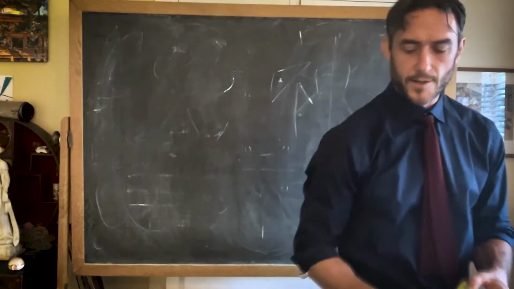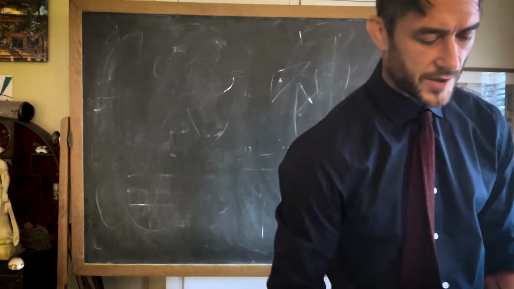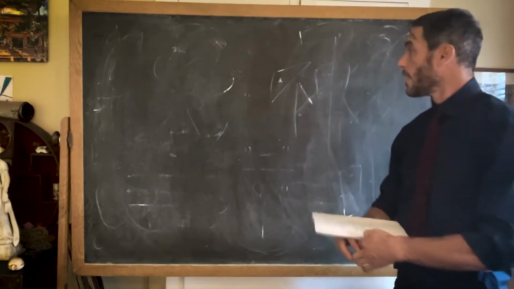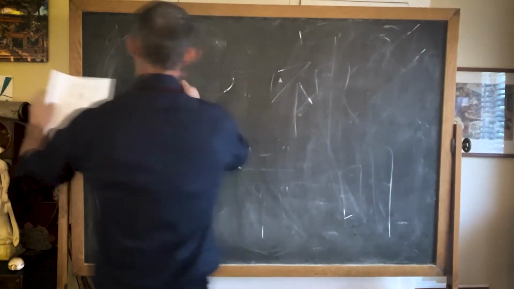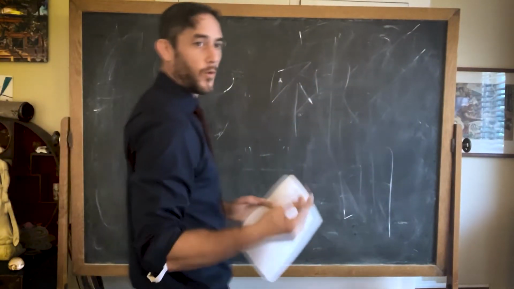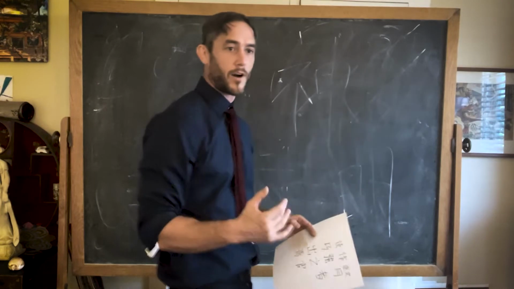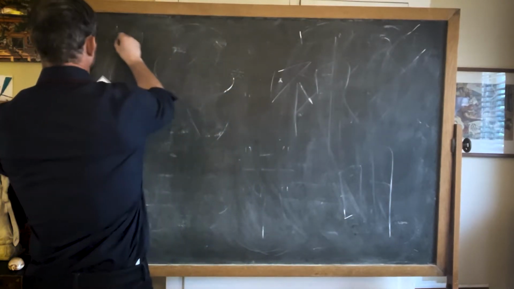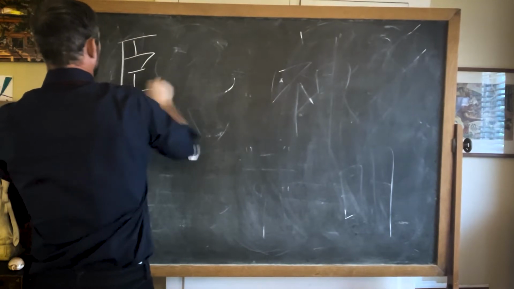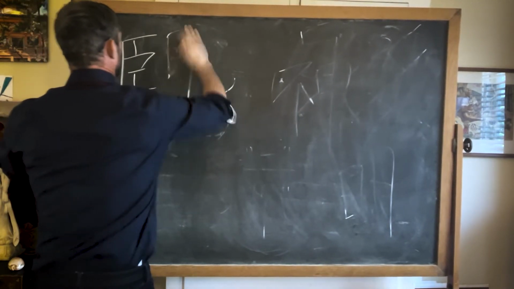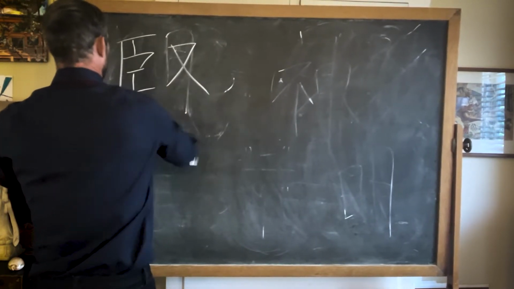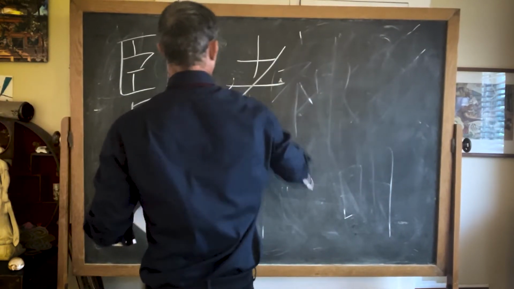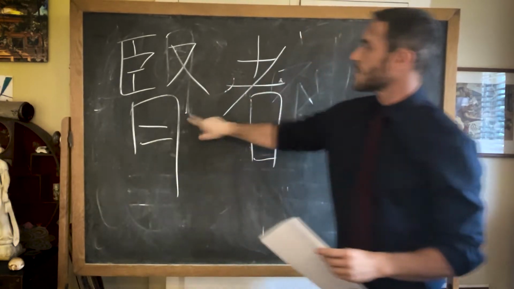I want to take a look now at the line that refers to the kidneys from that same chapter. It's identical in form to the line that described the heart, but it uses different characters to describe the kidney. So it's Shen zhe.